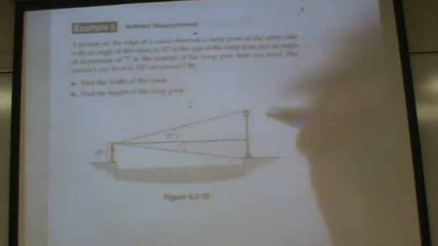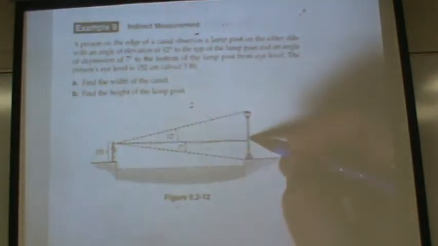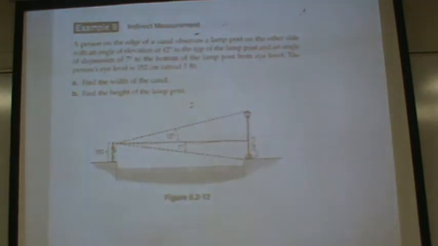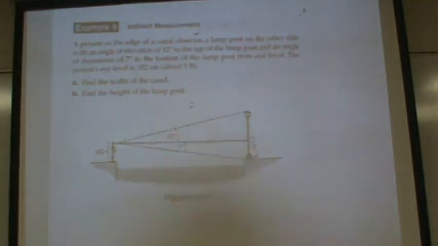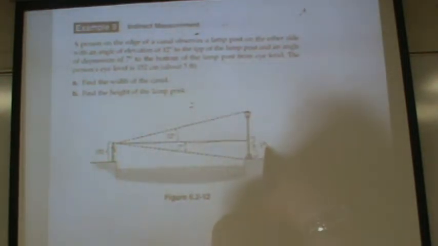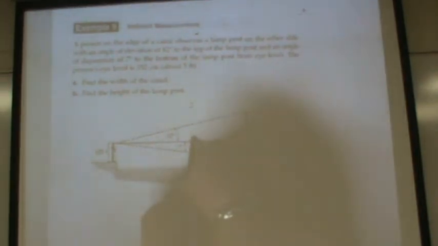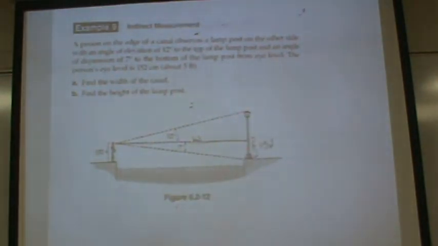Can we tell that according to our horizontal, this section of the lamppost should be the same height as our guy? Because our horizontal goes straight across and our ground levels are equal. So this should also be 152. And this is our W that we're looking for, our width of the canal. So now, given that information, can we find W?